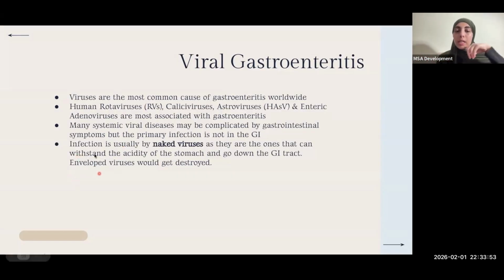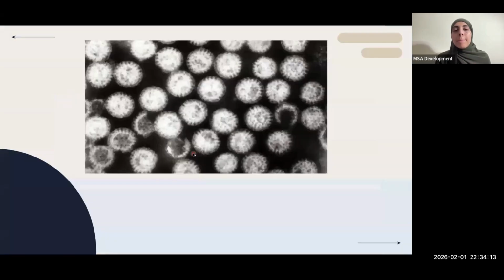So any virus that has an envelope cannot cause gastroenteritis because the stomach acid will destroy the envelope. You have to have a naked virus without an envelope to be able to bypass the stomach acid and reach the more downstream parts of the GI tract and actually cause gastroenteritis. So these are all naked viruses.